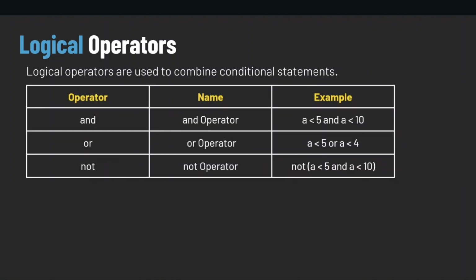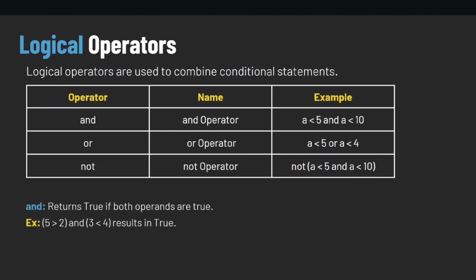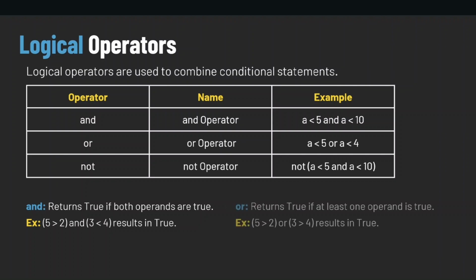So there is a list of logical operators. First is AND operator. The AND operator returns true only if both conditions are true. Here 5 is greater than 2 and 3 is less than 4. Both are true, so the overall result is true. Second is OR operator. The OR operator returns true if at least one condition is true.